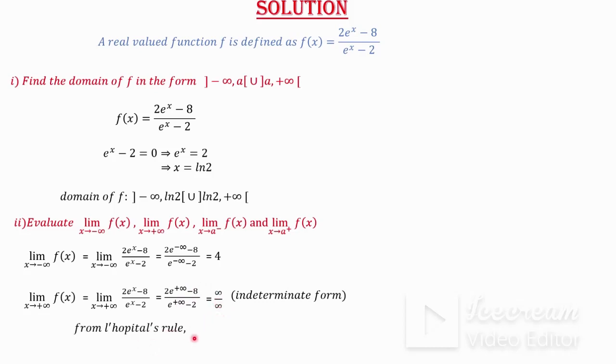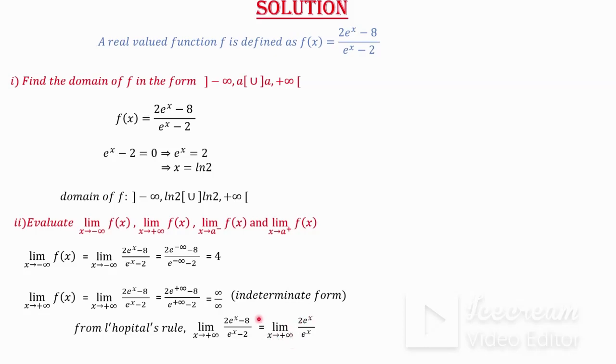From L'Hopital's rule, in order for us to get this limit, we differentiate the numerator and the denominator separately. At the end we get the limit of that result. That is, the limit of f of x as x tends to positive infinity, which is the limit of 2 exponential of x minus 8 divided by exponential of x minus 2, is the same as the limit of 2 exponential of x divided by exponential of x as x tends to positive infinity.